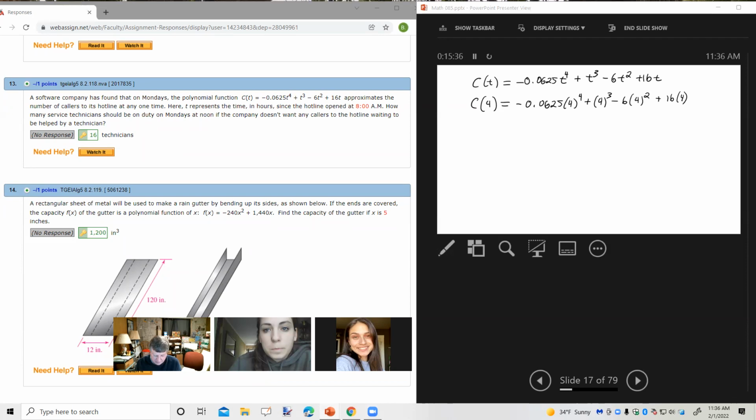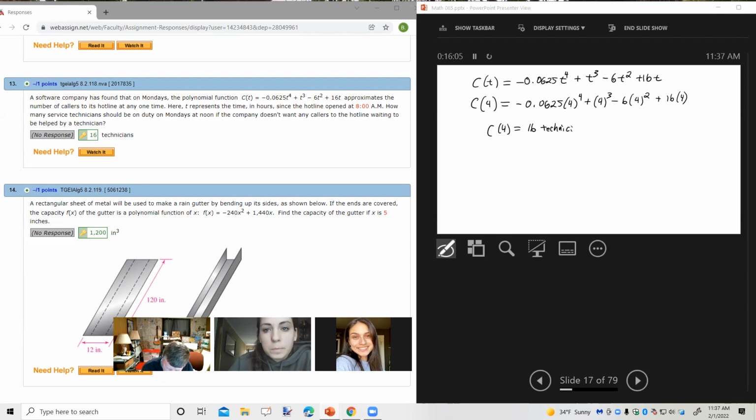It doesn't say anything about rounding. Anyway, C of 4 equals 16, so 16 technicians.